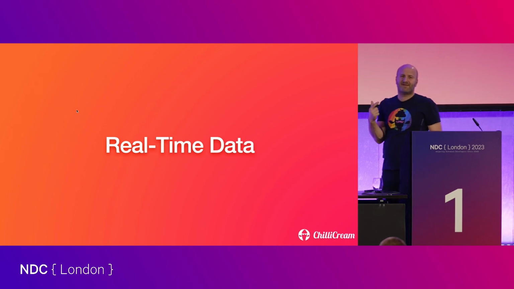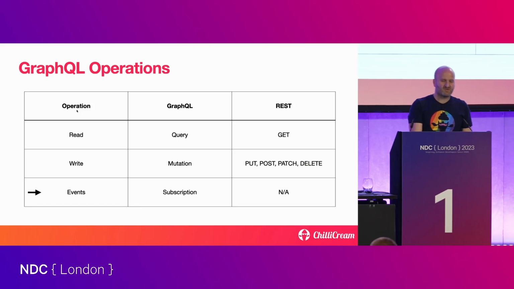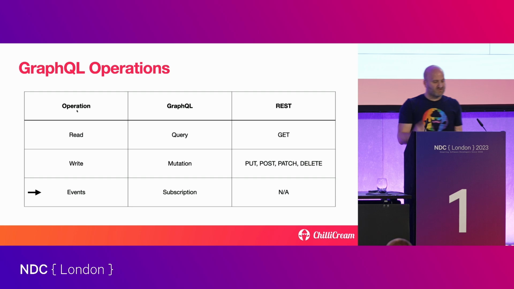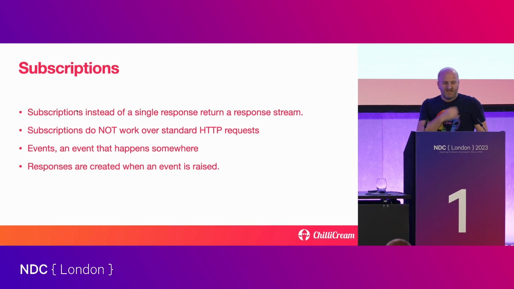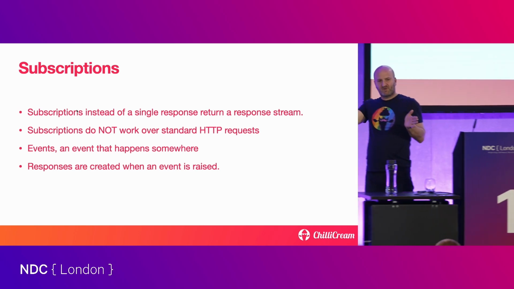Let's have a look at real-time data. And that is actually where GraphQL really also shines and gives you all this interactivity, this reactivity in your UIs. So subscriptions is not about a single request response.